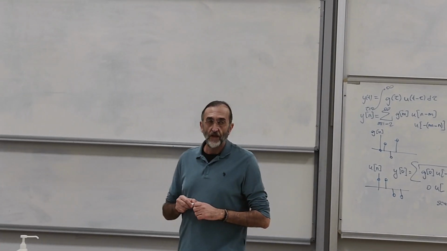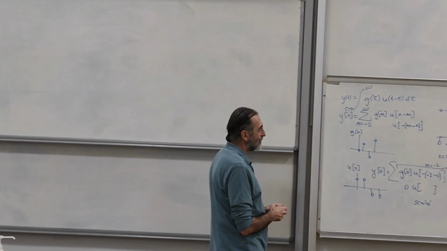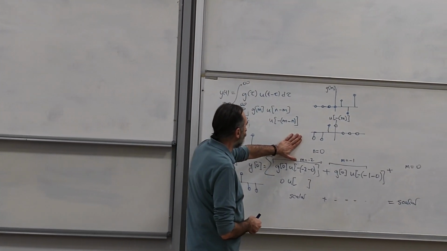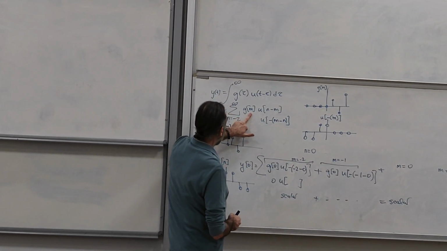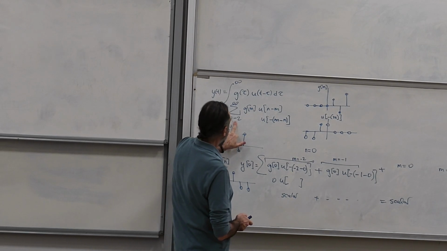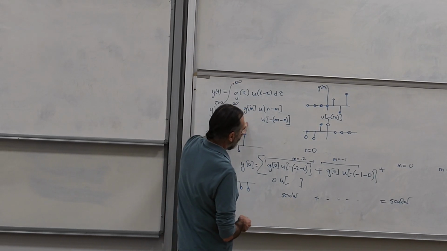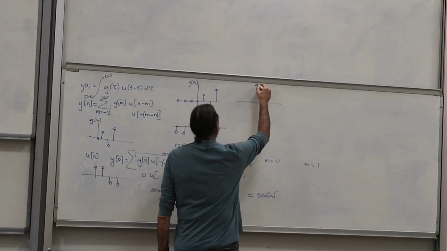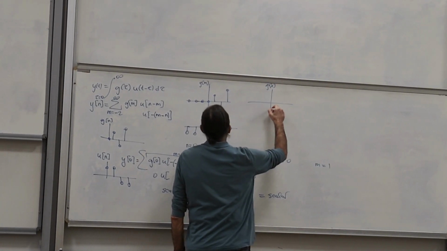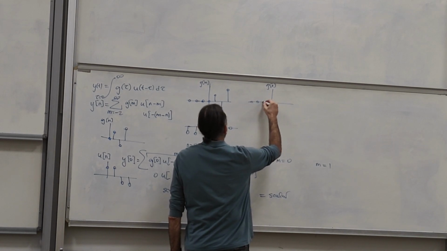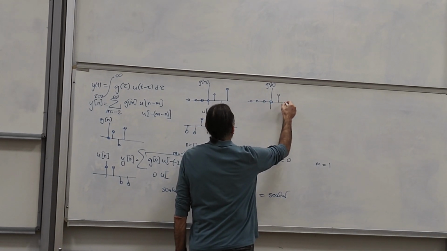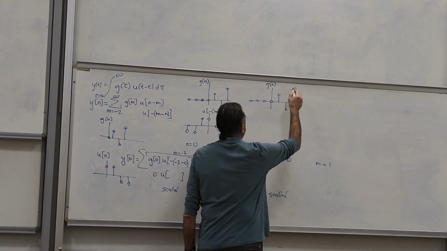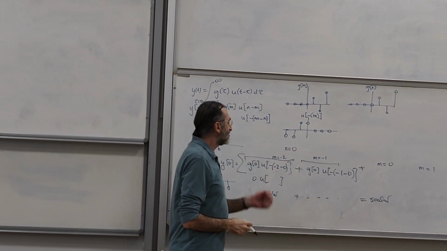Okay? And then what I'm going to do is I'm going to move m by 1. So I'm going to have m of minus 1. So I'm going to have g of 0, g of n here again. 0, 0, 0, 0, 1, minus 1, and 2. Okay?